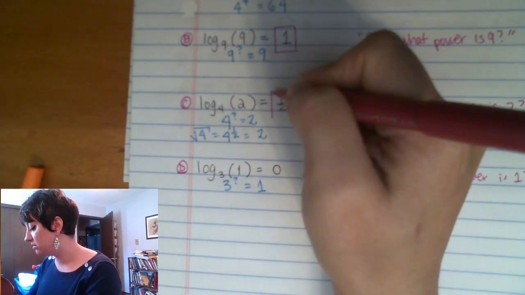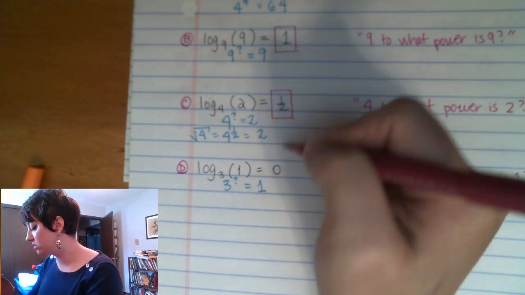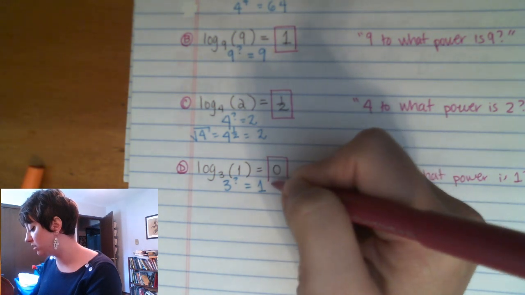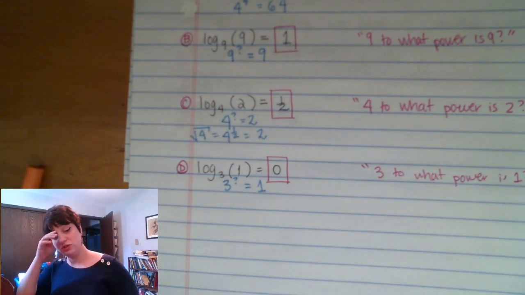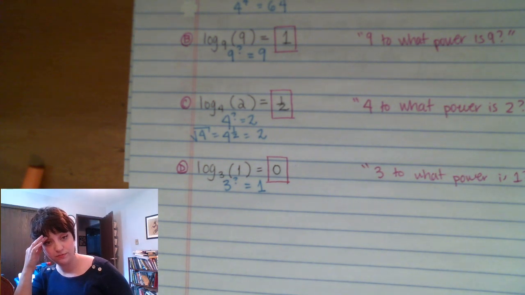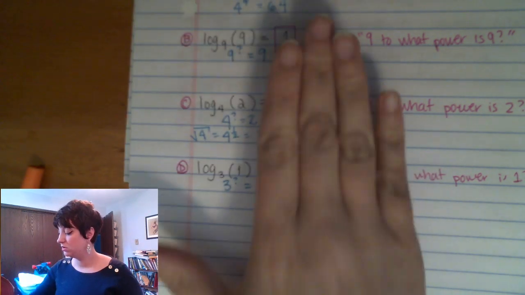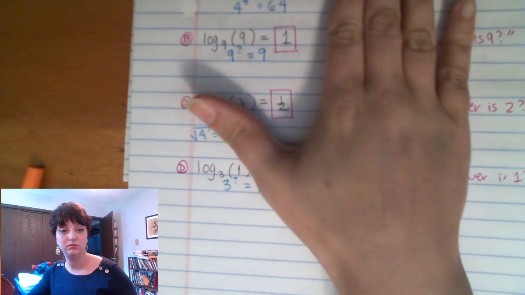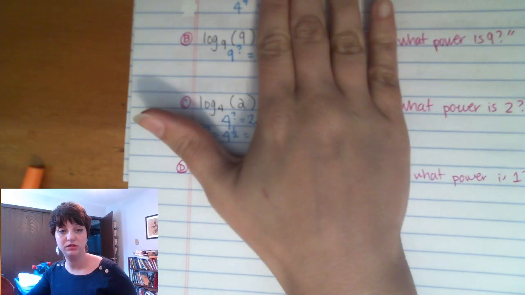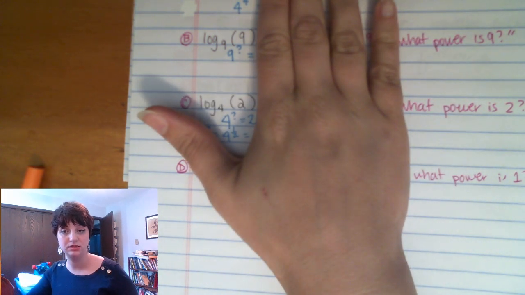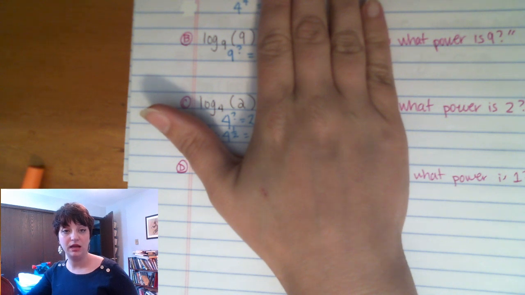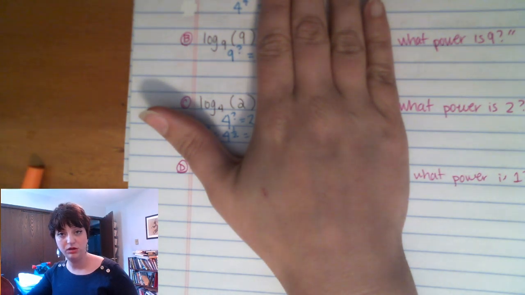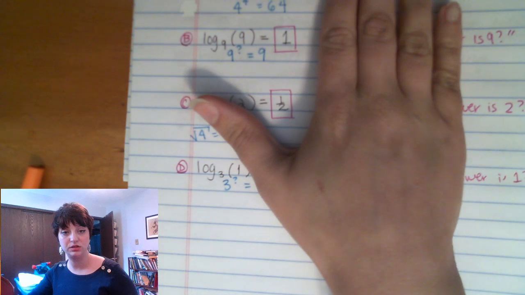Now the thing that's uncomfortable about logs is they have a word in them, log, and they're somehow supposed to represent numbers, and they do. The number that I raise 9 to get 9. That's what log base 9 of 9 says. It says whatever number I am, if you make me an exponent on a 9, you get 9 out. Okay, so I must be equal to 1.